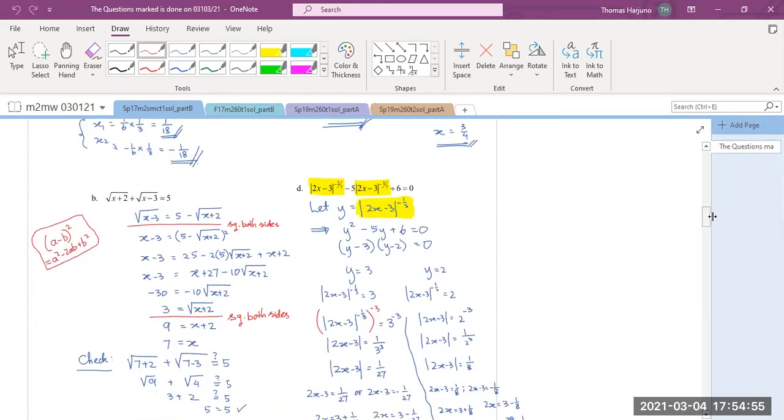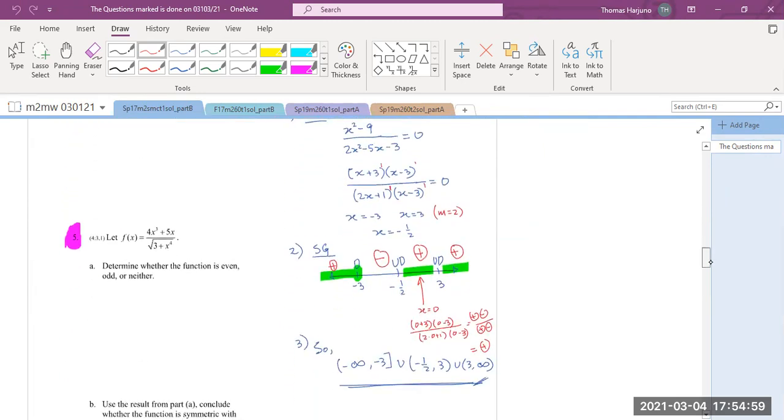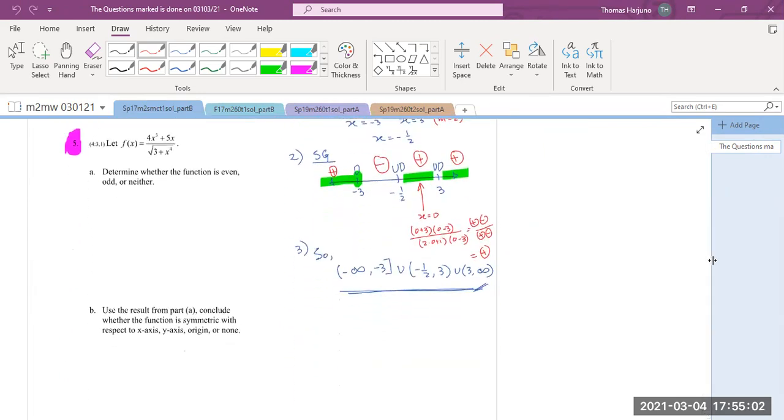I told you that I go over the old text, right? So let's say, for example, this one question here. How do we know that it has x-axis symmetry, y-axis symmetry, or origin symmetry? What you do is you replace x by negative x, or y by negative y, and see what happens.